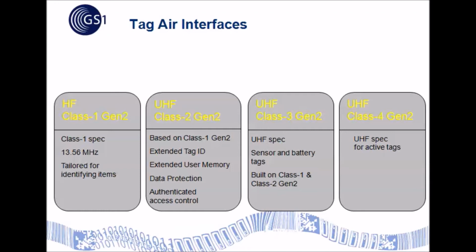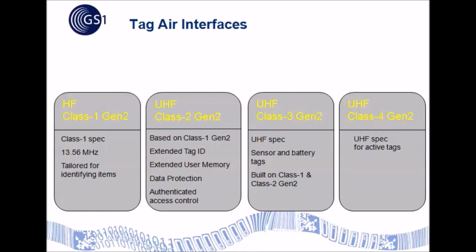So the tag air interfaces under development include the UHF Class 2 Gen 2 based on the existing Class 1 Gen 2, with extended tag ID, extended memory, data protection, and authenticated access control.